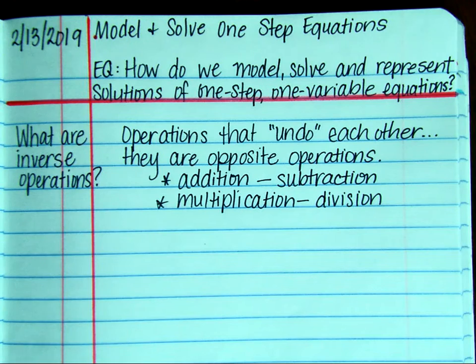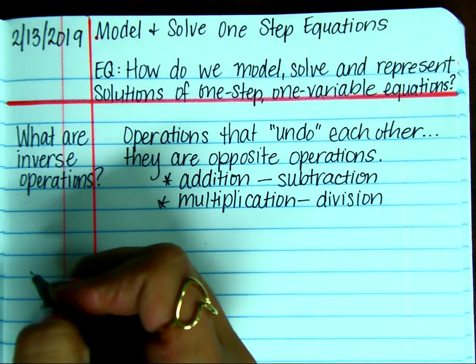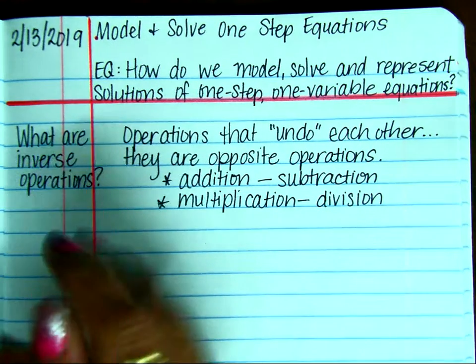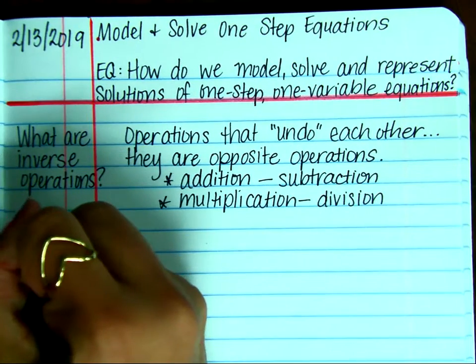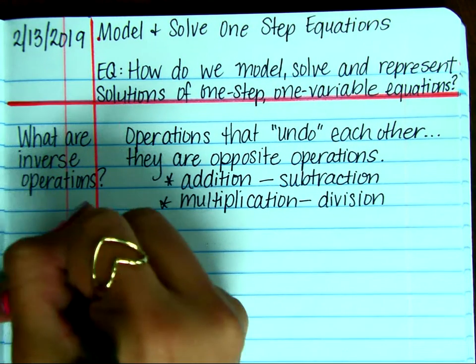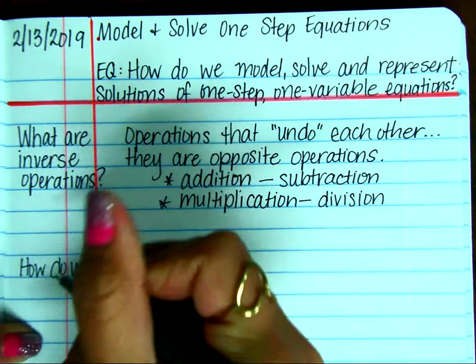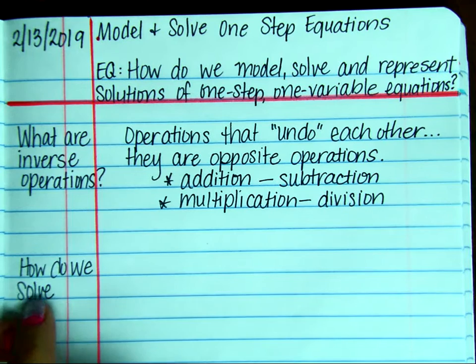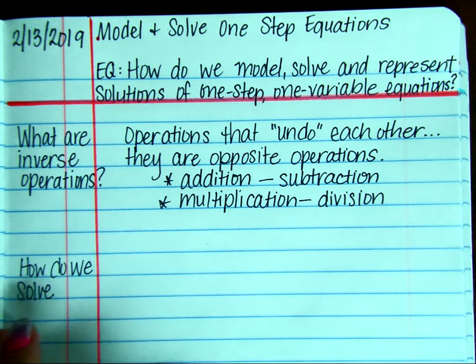So let's go ahead and look at the steps involved in solving one-step, one-variable equations. So I'm going to go ahead and have a sidebar question as well. How do we solve, right? And I can replace solve with how do we model, how do we represent.